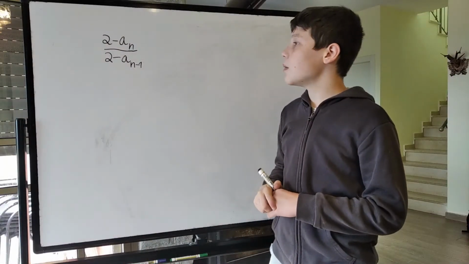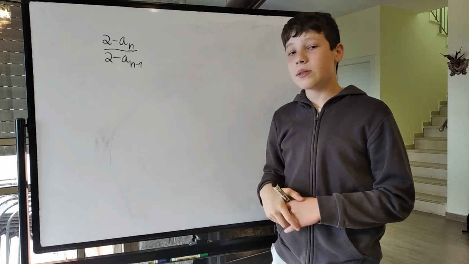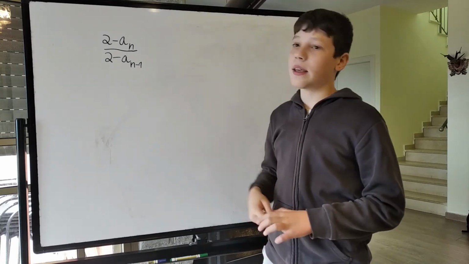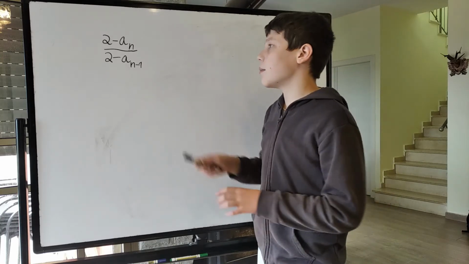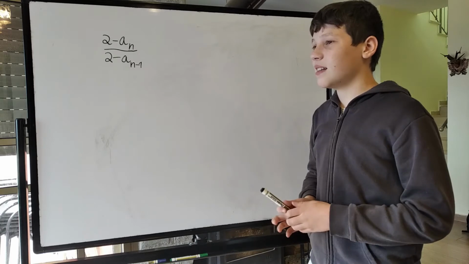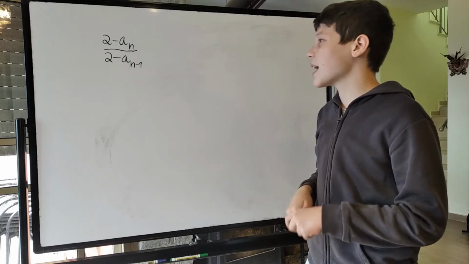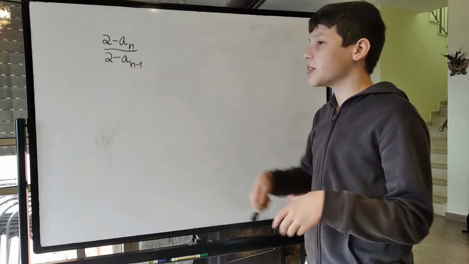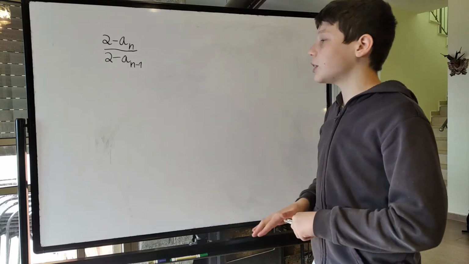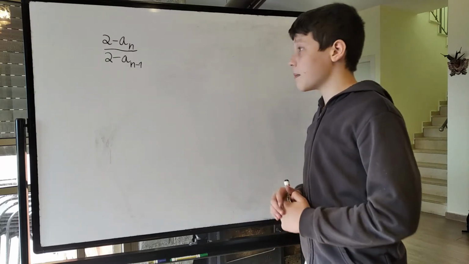Alright, so now let's see. To continue the proof, we actually want to simplify this fraction, because it looks hard to work with: a_n minus 1, 2 minus, and divided by. I don't want any of that. I just want a simple fraction.